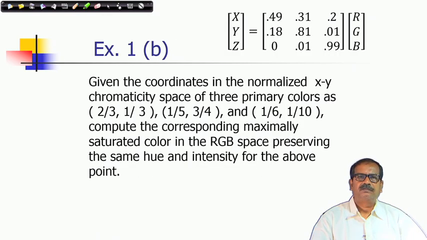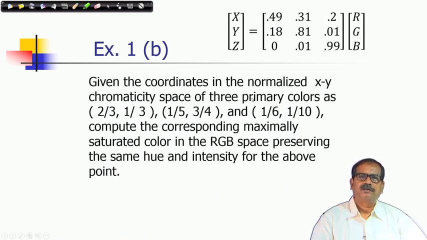Next, you need to find the maximally saturated point of that particular color, where you get the vertices of that triangular gamut. Let me read it once again.